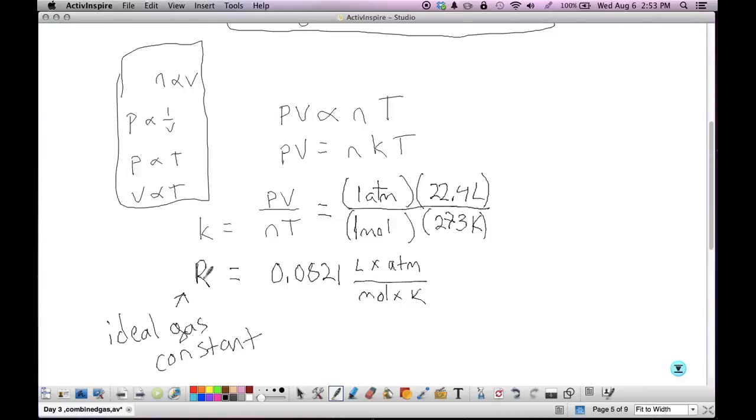And I can take R and substitute that in up here, and I will get PV equals nRT. And this is the ideal gas equation. Oh, slow down, Mr. Ryan. Okay, and this constant, the ideal gas constant, is always a constant.